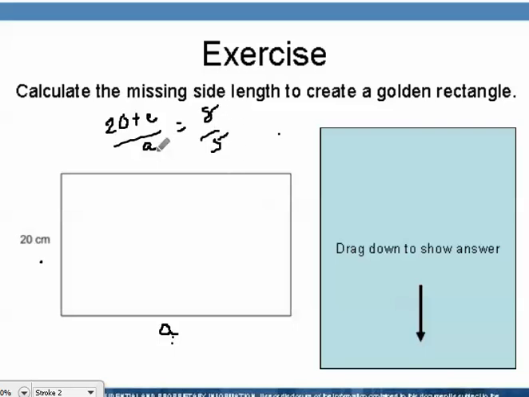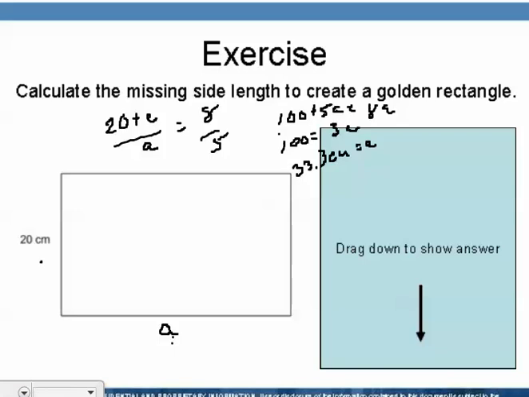Means and extremes, we can do that. We get 100 plus 5A is equal to 8A. Subtracting the 5A from both sides, we get 100 is equal to 3A, or A is equal to about 33.3 centimeters.